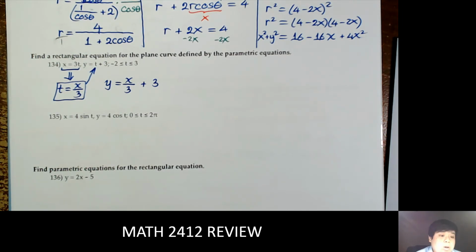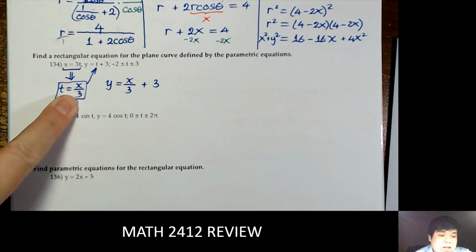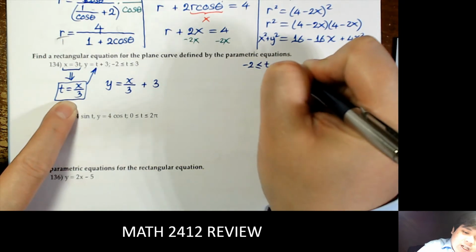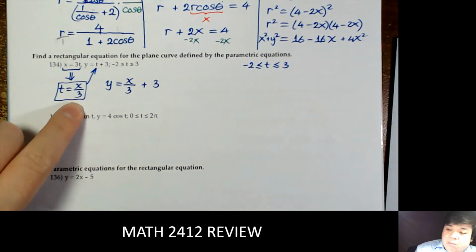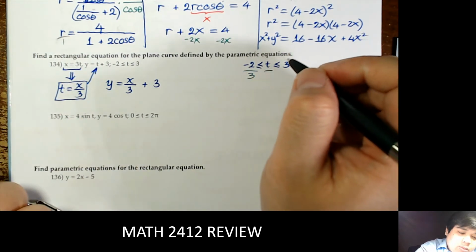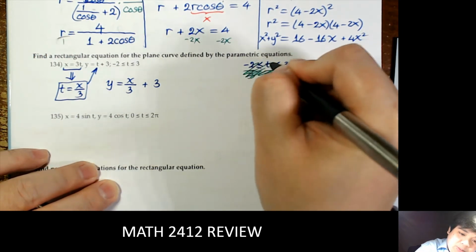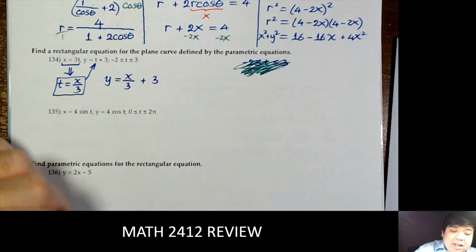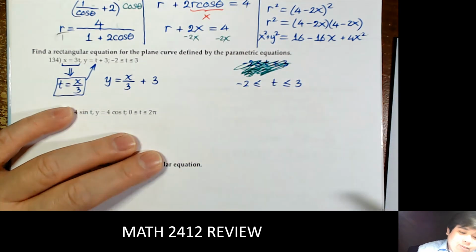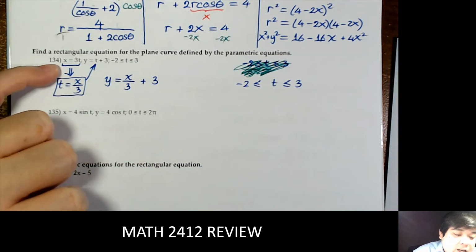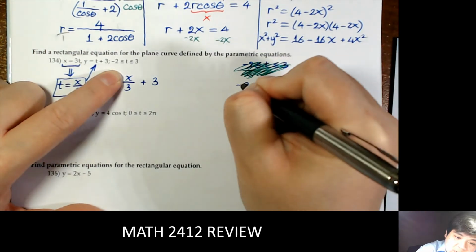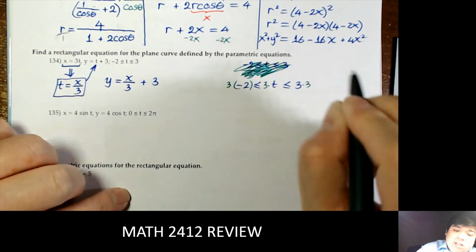It's good. The only thing we need to do is the range of t. So we have -2 less than or equal to t less than or equal to 3. Now, we need to turn it in terms of x equal to 3t, so we should multiply by 3 everywhere.